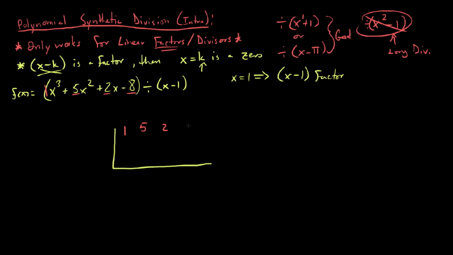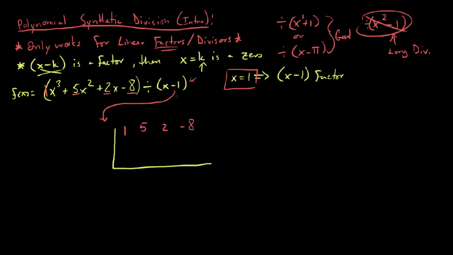But we're just going to put in the coefficients. And as far as out here goes, here's the important thing. If I am asking you to divide this by x minus 1, what I really am asking you to put on the outside is this number here: what you would get if you solve this factor by setting it equal to 0.